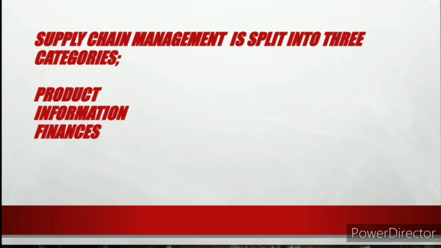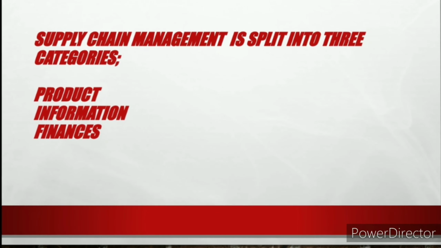The product. The product flow includes the timely formation, storage, and delivery of a product along the supply chain. It also involves conducting quality assurance at each product location. The information. The information flow consists of sending and receiving sales and purchases, as well as updating delivery status.